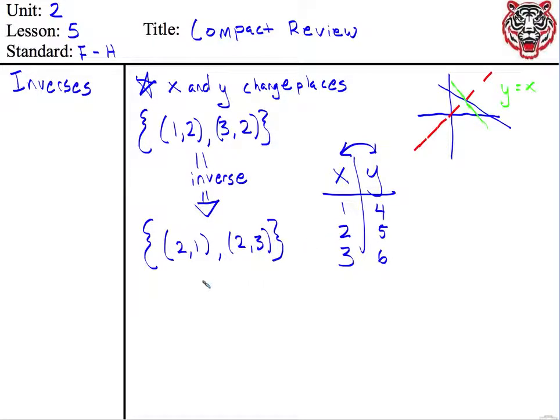Too easy. So I want to talk about the equation. This was the graphical, which I won't test. Both of these are kind of tabular, or table. And now we're going to do the equation.